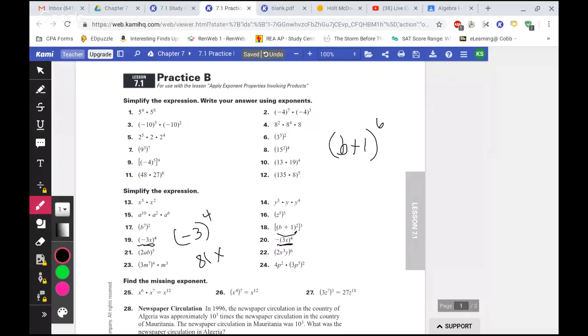And x raised to the 4th power is x to the 4th. This is 3x raised to the 4th power, so 3 to the 4th times x to the 4th. And then at the very end, you'll apply the negative. So that's going to be 81x to the 4th, and then that's a minus. So you apply the negative at the end, and on number 19, you apply it when you're doing the powers.